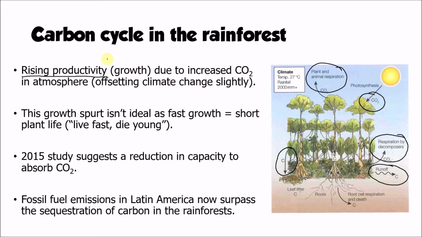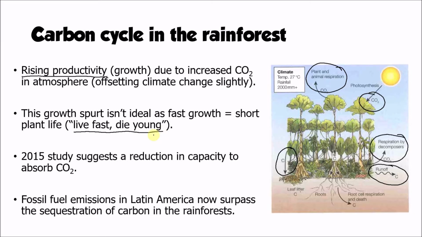Now, that isn't ideal because although in the short term that's going to offset climate change because it's going to absorb some of the extra emissions, it basically causes the trees within the rainforest to have a bit of a growth spurt, if you like. So they grow quickly and therefore die earlier. We can think about trees in the rainforest as living fast and dying young.